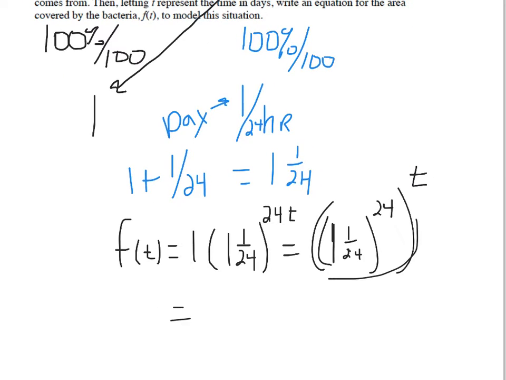Well, 1 and 1/24 raised to the 24th power becomes 2.664 to the t. So that's if we're going to be compounding every hour.